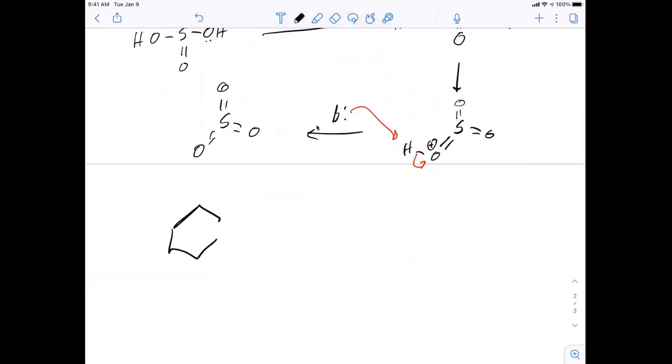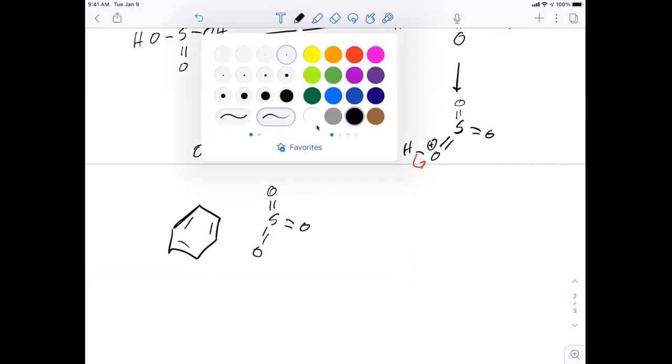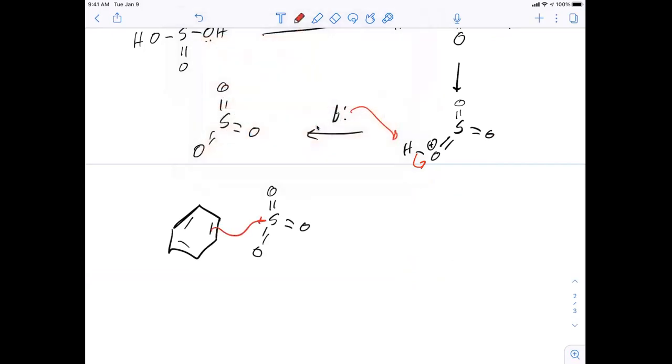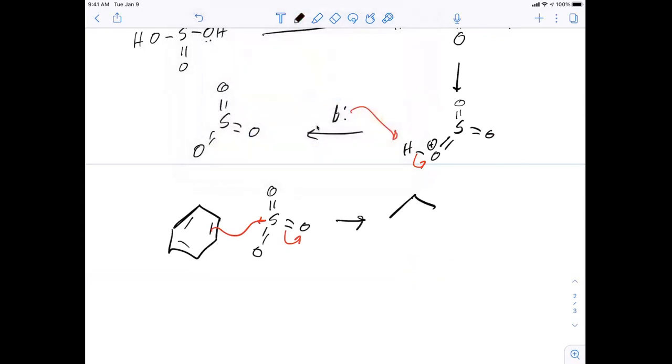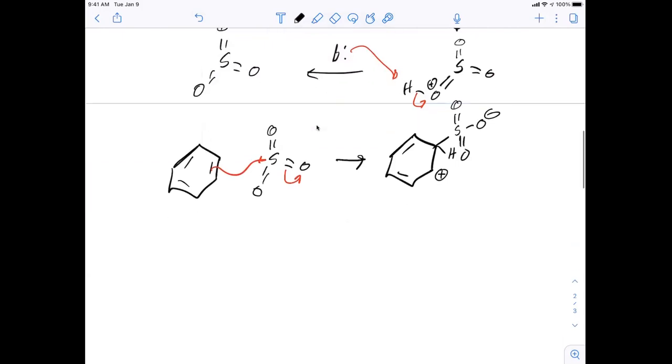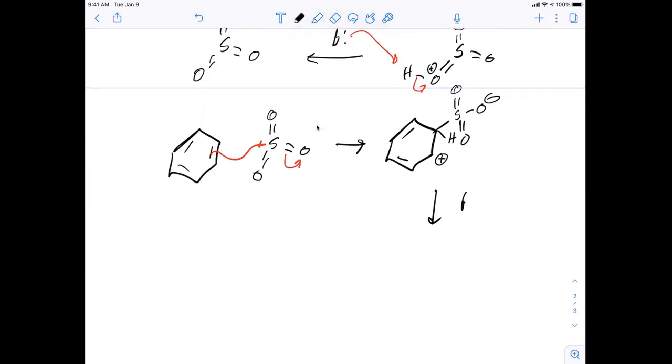So again, if we take this, that reacts here. We end up with a carbocation that rearranges, but then the next step is going to be deprotonation, and we can take a base.